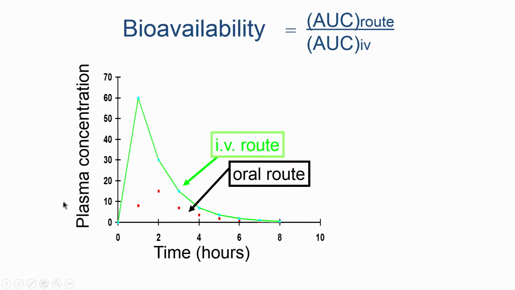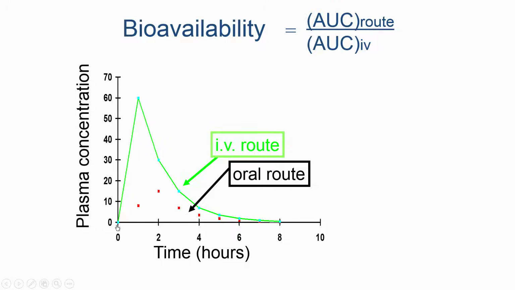So, let us say this is the plasma concentration plotted against time, and you have two different curves for different routes of administration. So, let us say if I give something through IV at time 0, immediately it is going to shoot up to a certain plasma concentration depending on how much of it we had given, and then eventually it is going to start getting excreted or metabolized from the body.